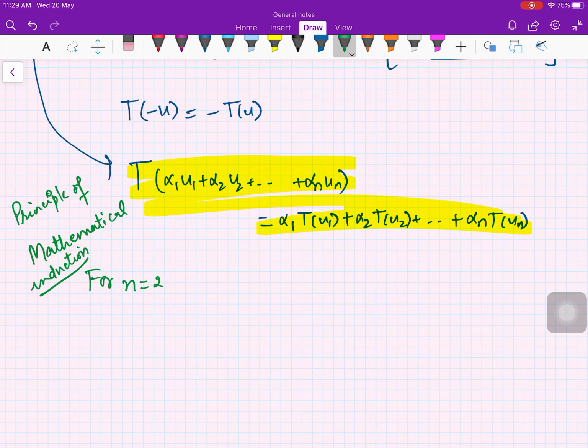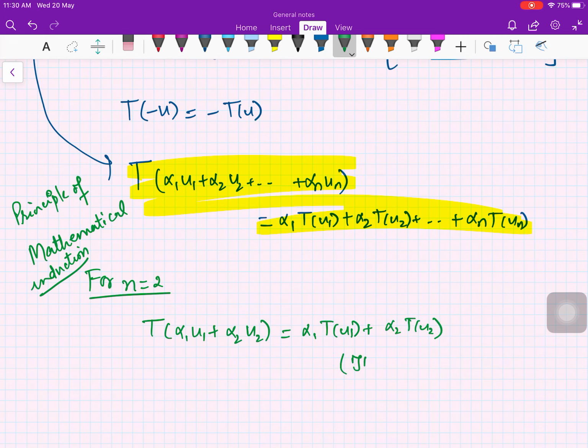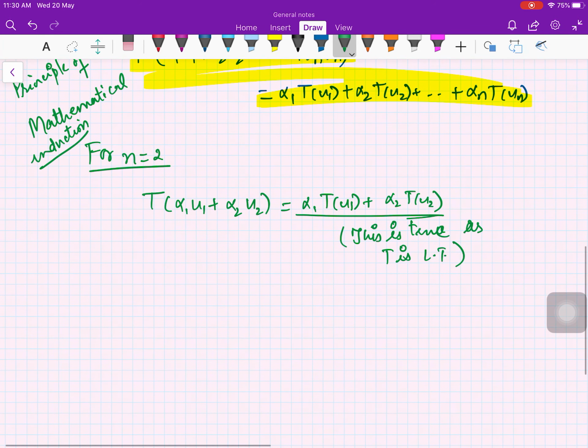Principle of mathematical induction. For n equal to 2, you should have T of alpha 1 U1 plus alpha 2 U2 is equal to alpha 1 T of U1 plus alpha 2 T of U2. This is true because T is a linear transformation, or you can take n equal to 1 also, it's your choice. True as T is a linear transformation, and this is the definition of linear transformation.